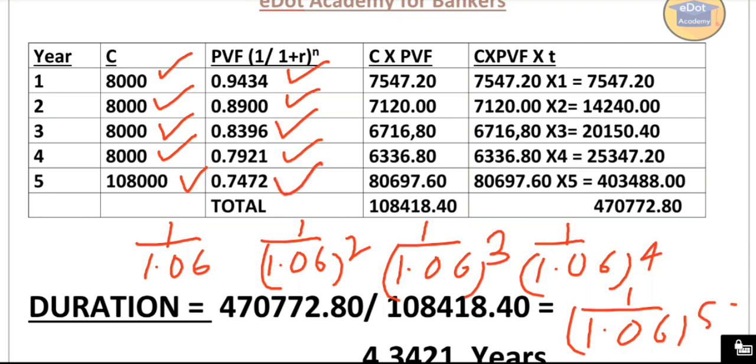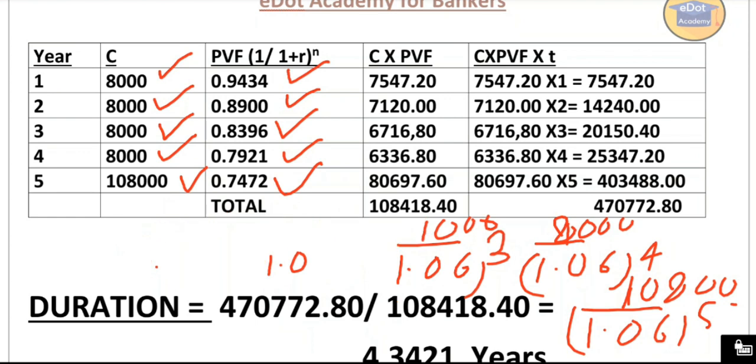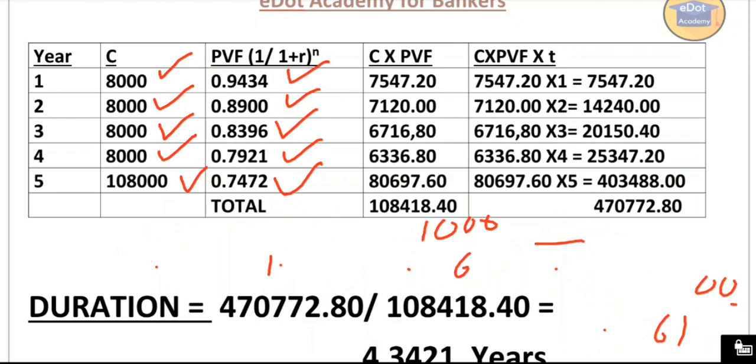Okay, now what you have to do, you have to multiply with this factor, means you keep here 8,000. Every year 8,000, every year 8,000, here also 8,000, but at the fifth year you will write here 1,08,000. So if you multiply our third column, you can see C into PVF, we are getting these values here.